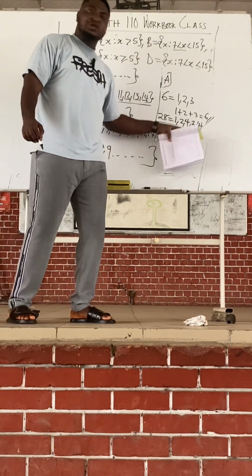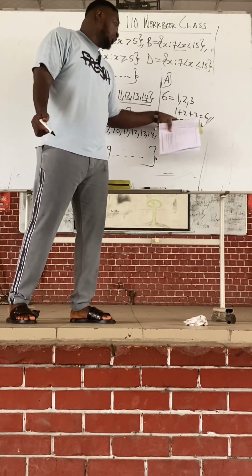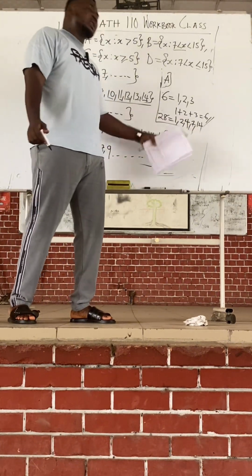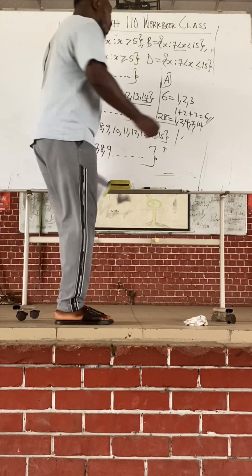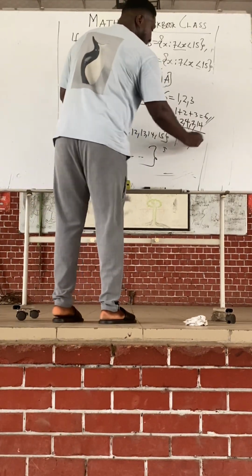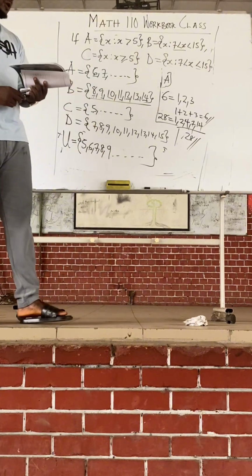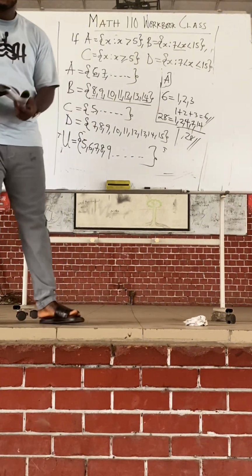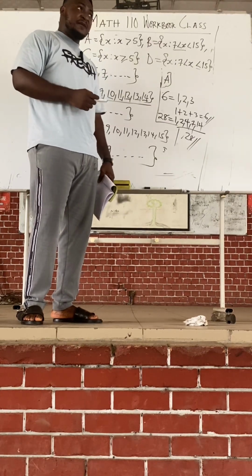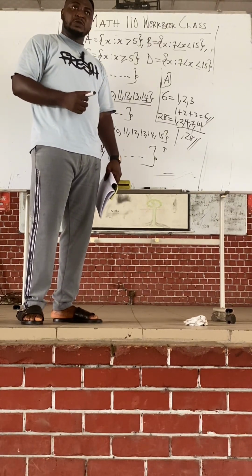Remember that 7 times 4 is 28, 14 times 2 is 28, 28 times 1 is 28. Add 1 plus 2 plus 4 plus 7 plus 14. You're going to have 28. Check your calculator. Therefore, 28 is a perfect number.